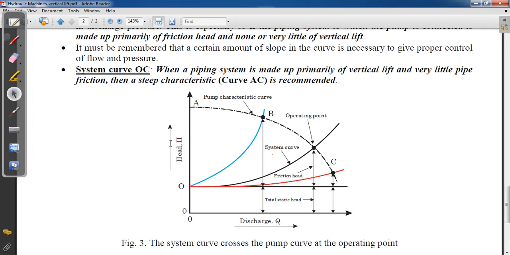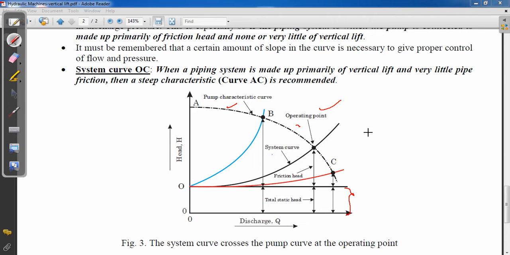If we talk about the pump characteristic curve, this dashed red line is the pump characteristic curve, and the system curve is this black one, and it consists of static head and friction head. Where they intersect is known as the operating point. The static head will remain constant throughout the operation, and the friction head will vary depending upon the system curve.